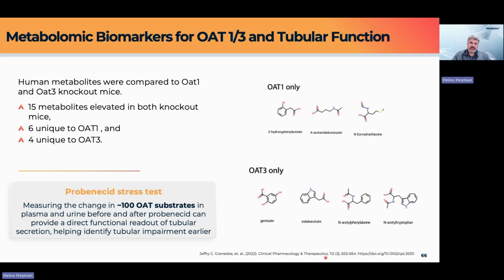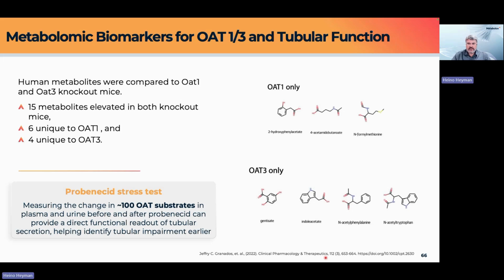Measuring the changes of approximately 100 OAT substrates in plasma and urine before and after probenecid was provided can be used to provide a direct functional readout of tubular secretion potential, and something that is not captured by GFR alone. So really an additive test to show the health of the kidneys, especially before you go into a trial.